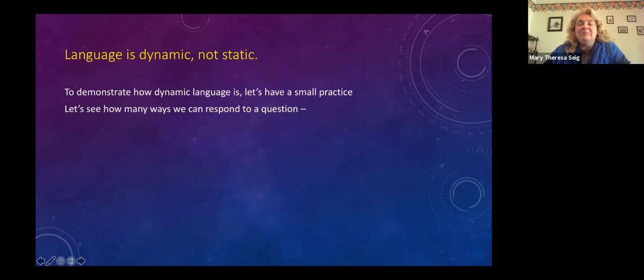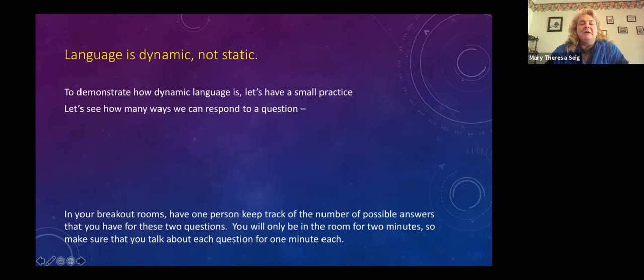What I want you to do is pick a secretary, pick someone who's going to keep track of how many different ways you came up with to respond to these two questions. Okay? You'll only be in the room for 2 minutes. So after 1 minute, you're going to get that announcement that says you have 1 more minute left. So make sure that you talk about each question for 1 minute, okay?